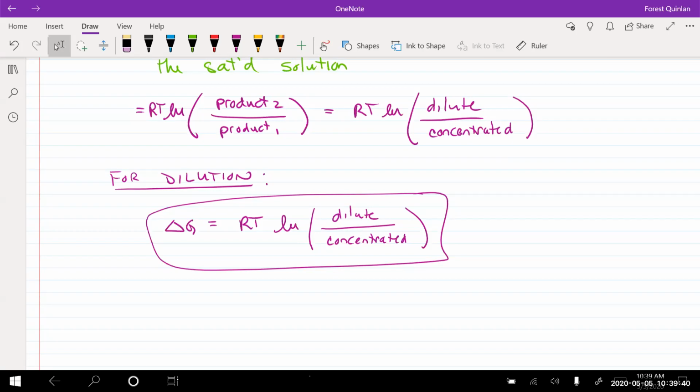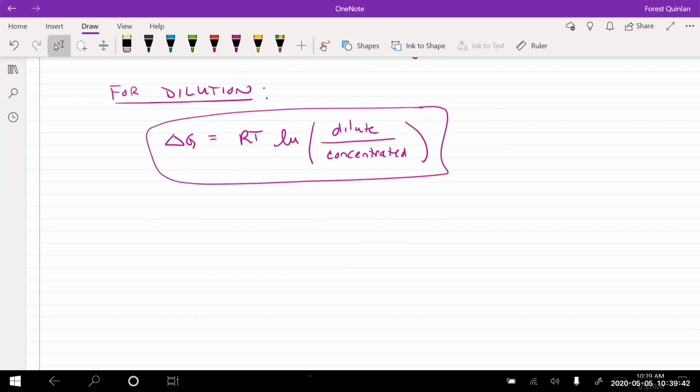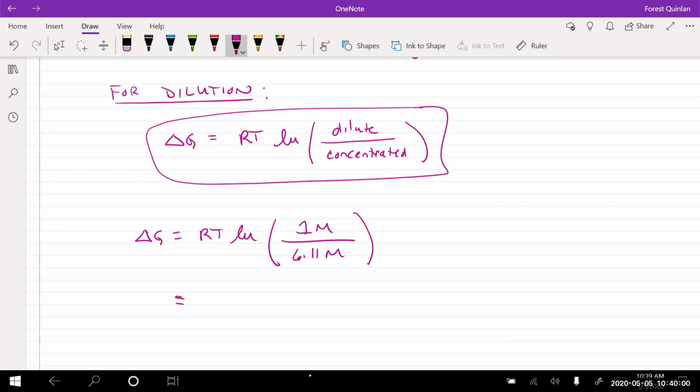And so if we look at this, for us now, the delta G is equal to RT natural log of 1 molar over the 6.11 molar. So put in numbers, 8.314 joules per mole Kelvin.